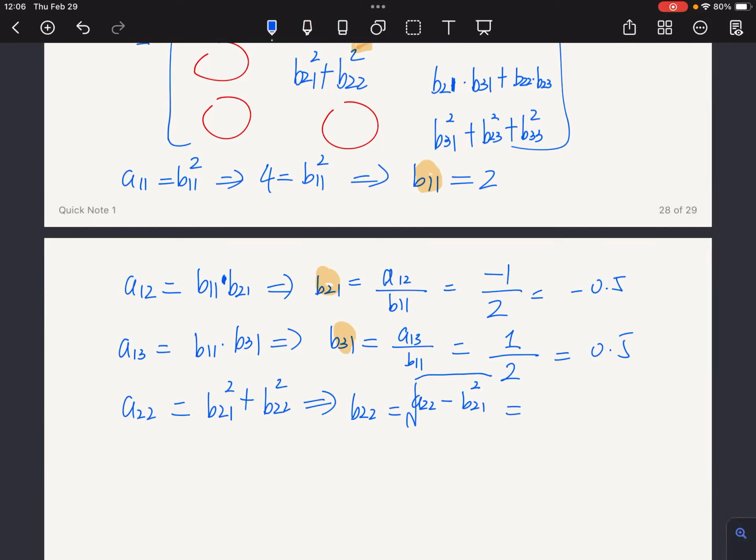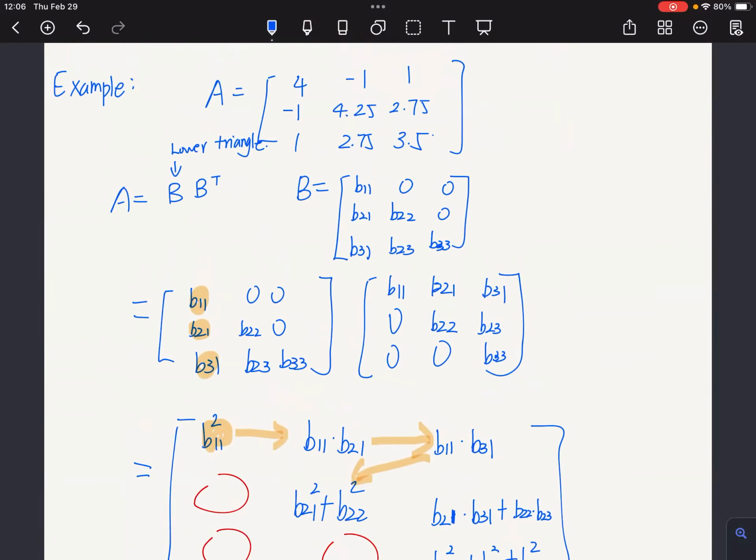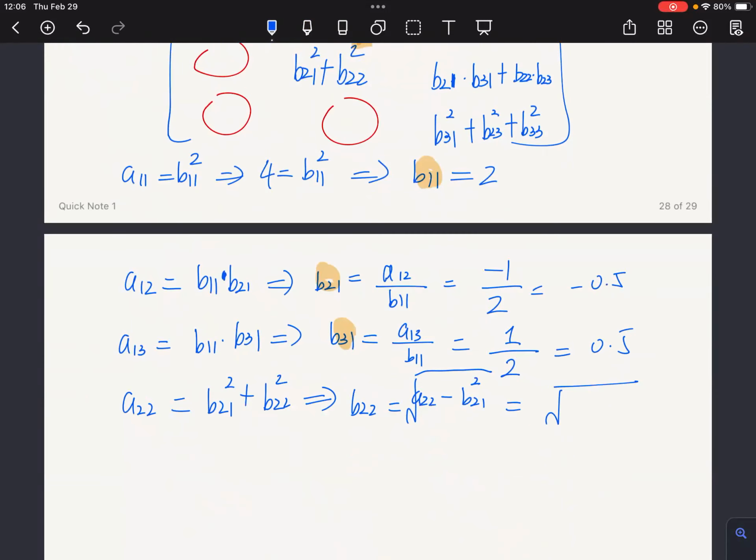So we get the square root of A22 minus B21 square. What's A22? A22 is 4.25, and then minus B21 square. There's no square here, it's just A22.